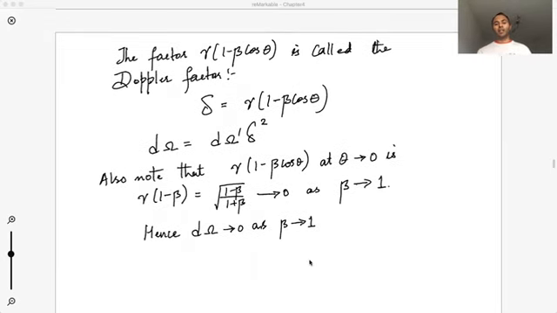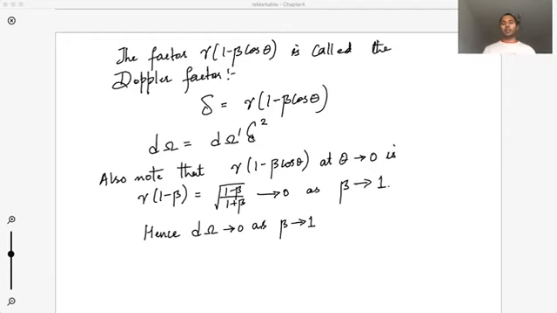So what does it mean? It basically means that in an ultra relativistic situation, even though d omega prime, which is kind of the extent of solid angles, might be very large, so let's say isotropic emission, so you have a large extent in solid angles, in the lab frame, you're going to see a very small extent of solid angles because of this Jacobian, which is going between these two frames, and that Jacobian is basically the Doppler factor.